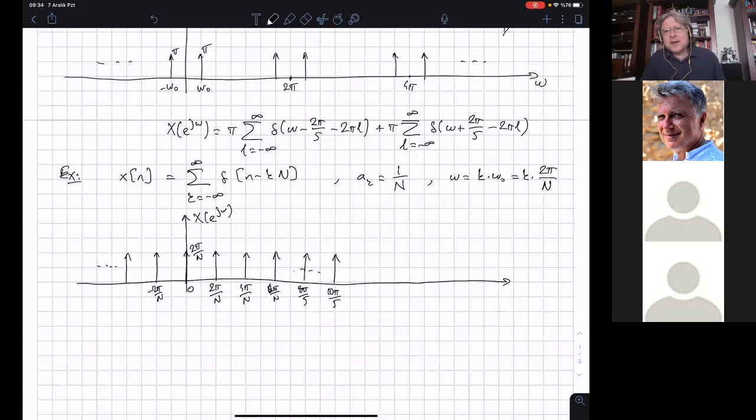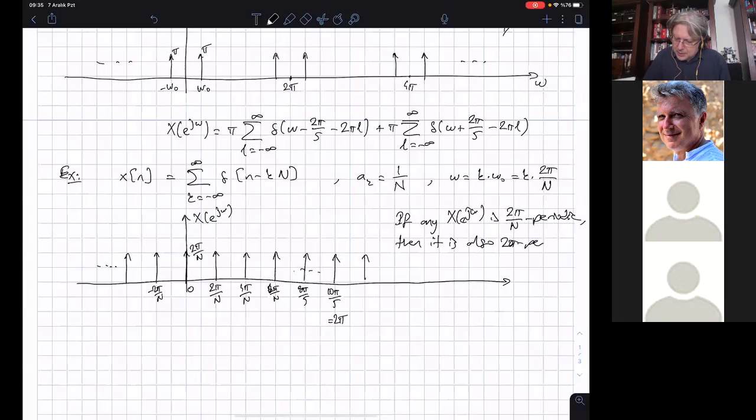What is 10 pi over 5? It's equal to 2 pi. And from there on, it goes on. So if any X of e to the j omega is 2 pi over N periodic, then it is also 2 pi periodic. So you don't need to deliberately or explicitly replicate everything to make it 2 pi periodic.